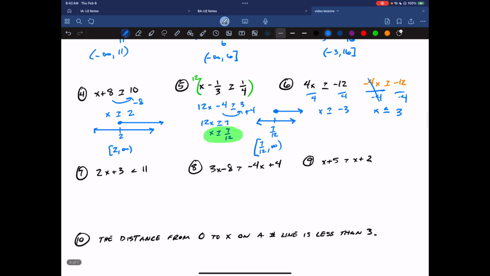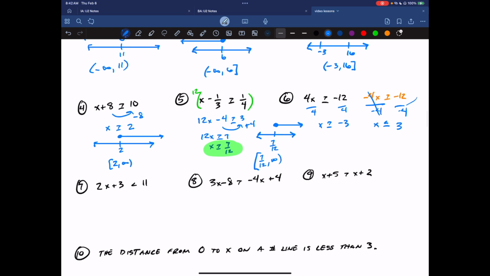Now, notice that if the number on the right is negative, and I divide by a positive, nothing changes. But if I divide by a negative, the inequality flips.